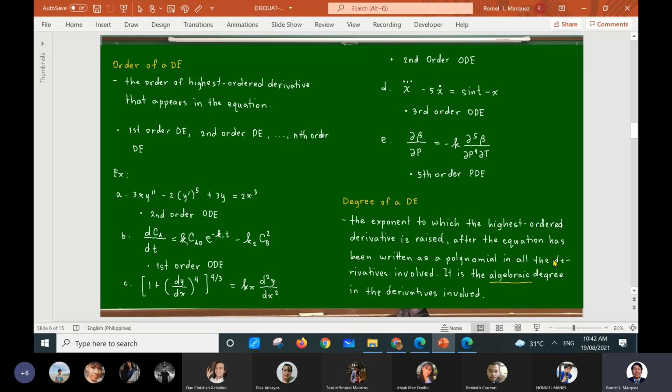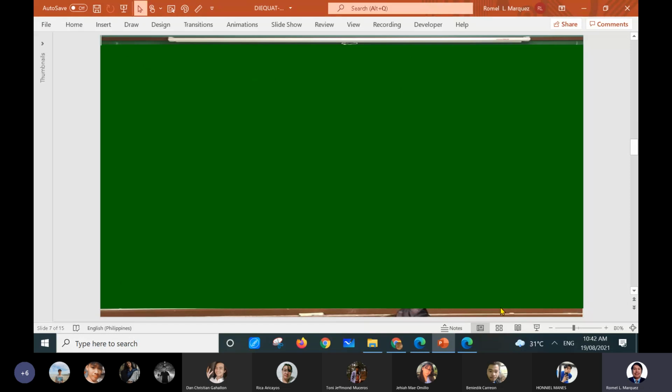This is what we're going to adopt. I'm not saying that this is the only correct way or the best, but this is what I use. If you become another teacher and want to use the other definition, it's all right, because we cannot say that this author is wrong and the other author is correct. Am I clear with this, guys?